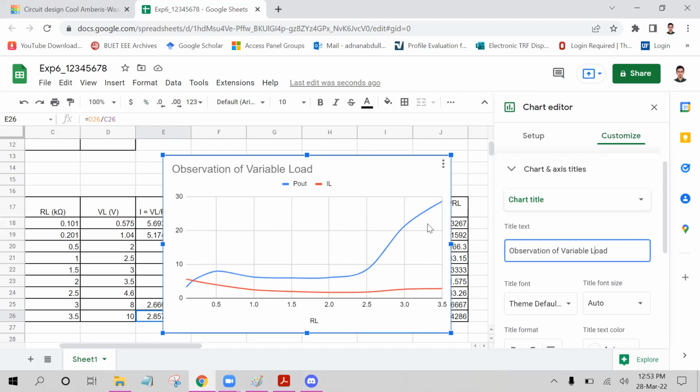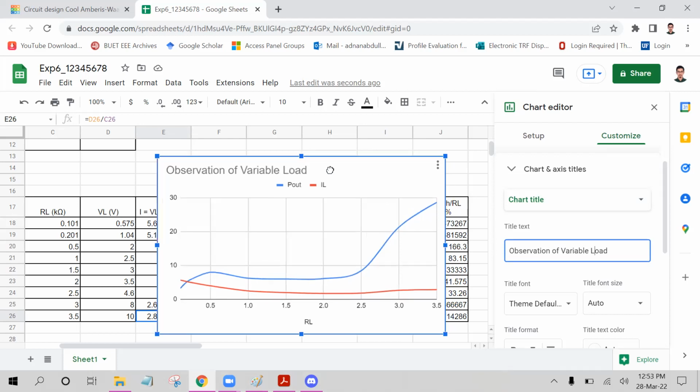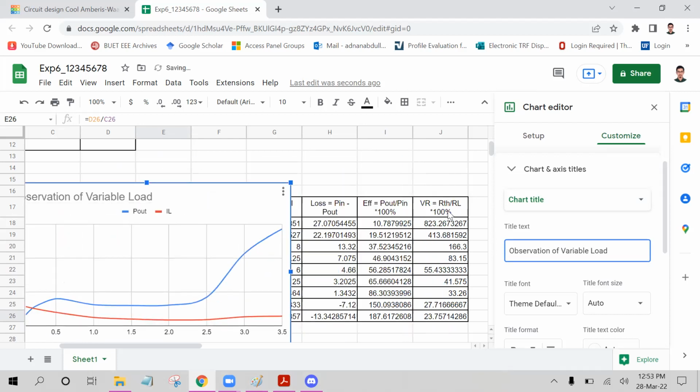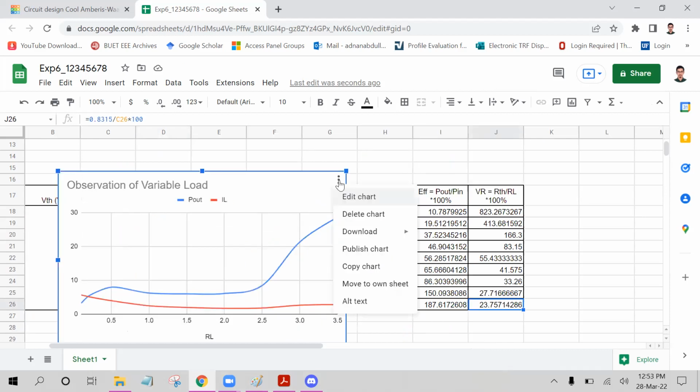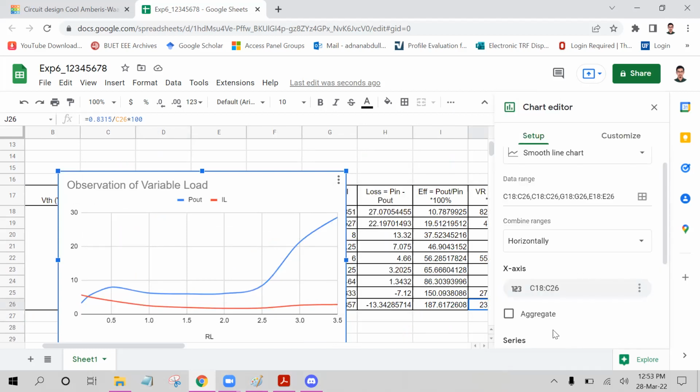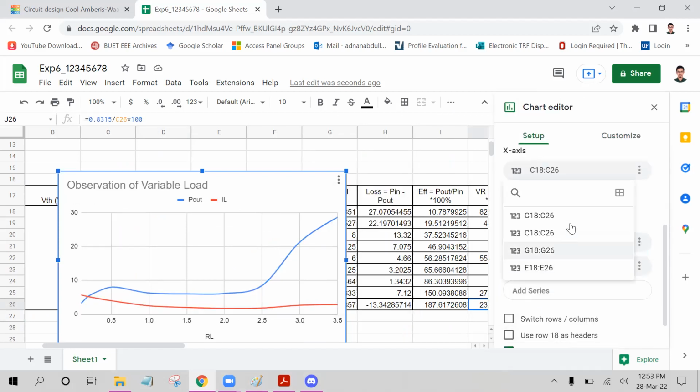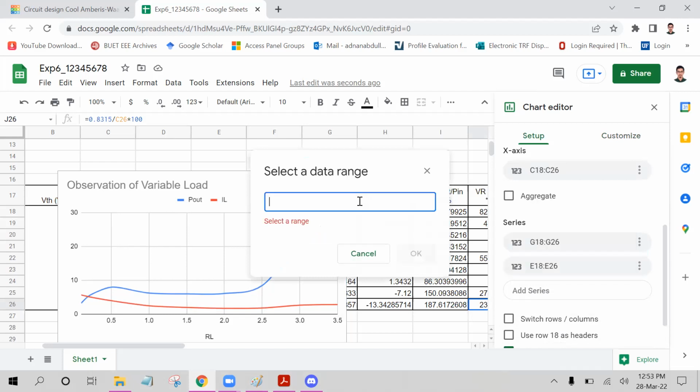See, if you plot all the graphs in one chart, what can happen? Let me show you an example of adding voltage regulation. My voltage regulation is J18 to J26. Let me add this series here.